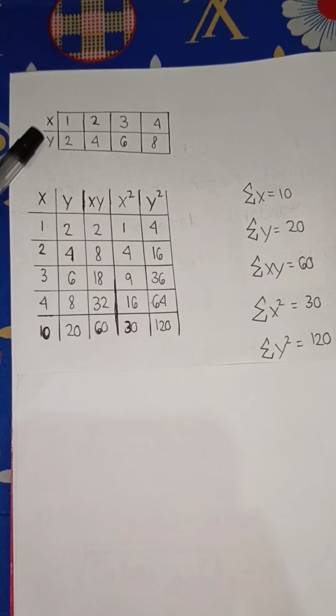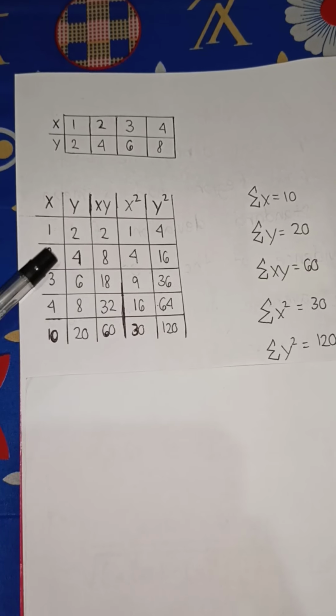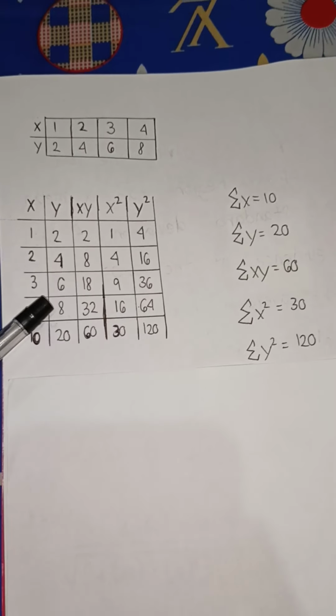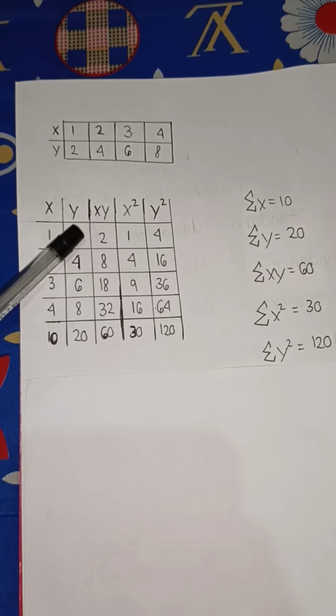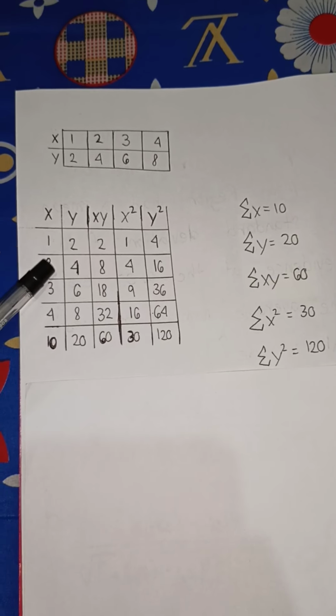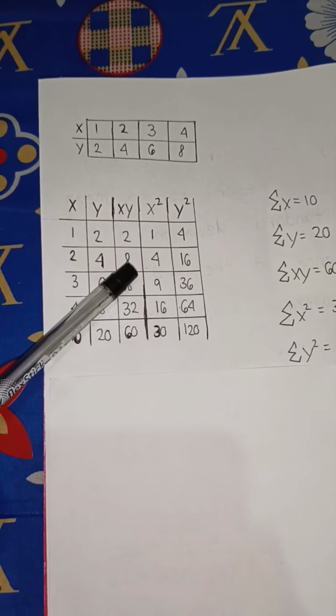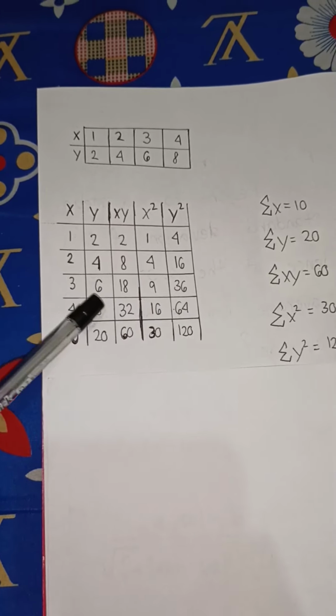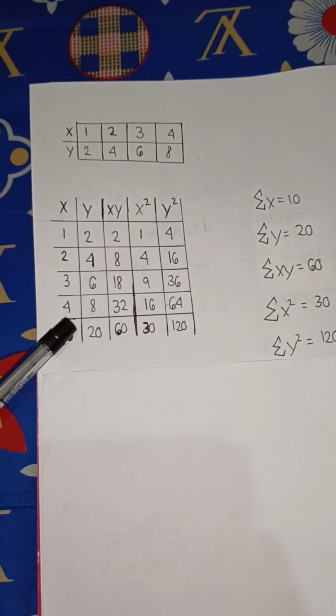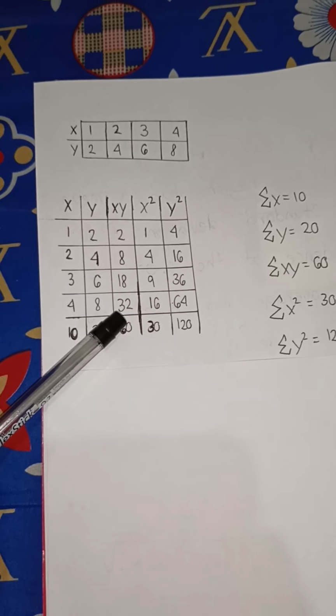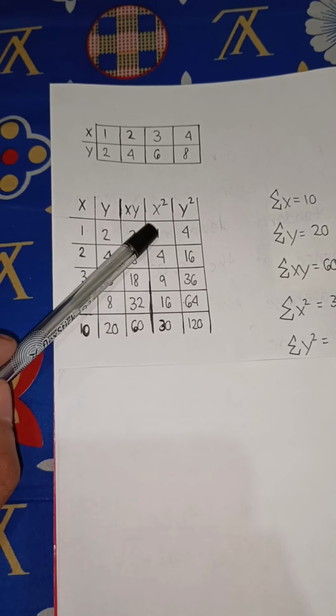And for y, we have 2, 4, 6, 8. And we will multiply x and y. 1 times 2 is equal to 2. 2 times 4, 8. 3 times 6, 18. 4 times 8, 32.